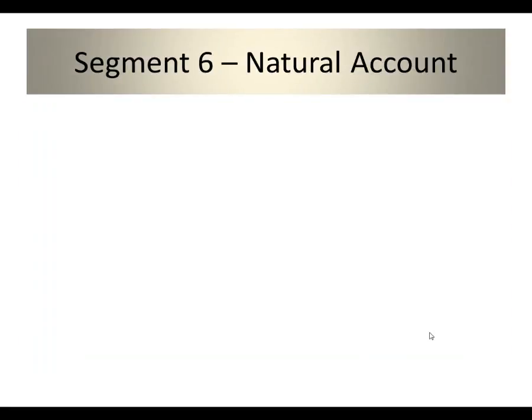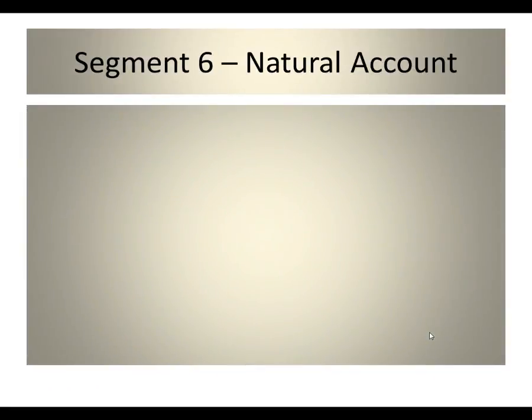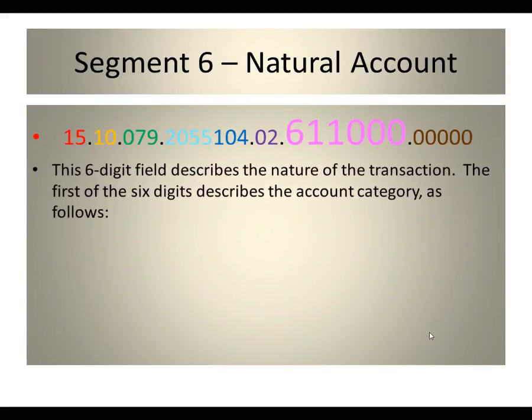The sixth segment of our account number, shown in pink in the example, is a 6-digit field. This segment, known as the natural account, describes the nature of the transaction.